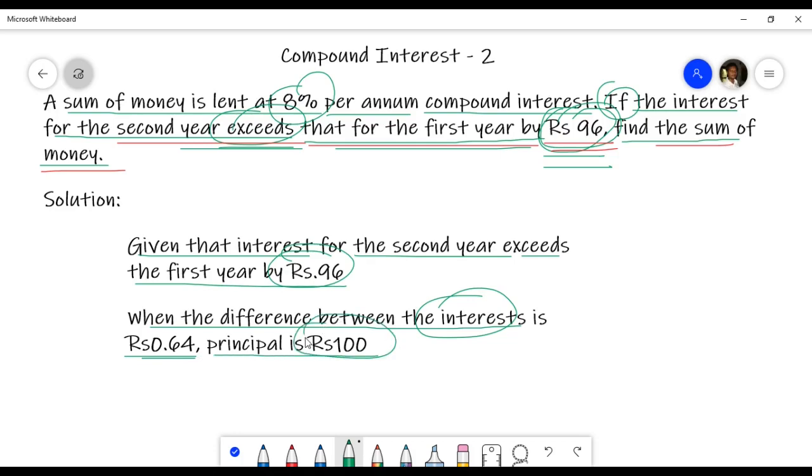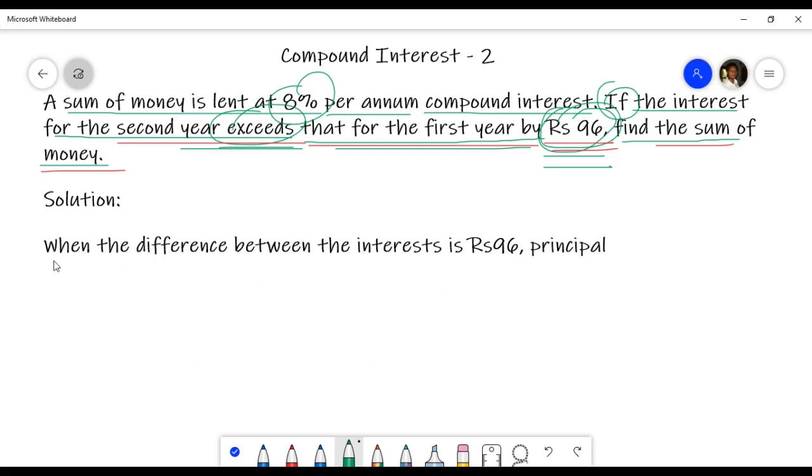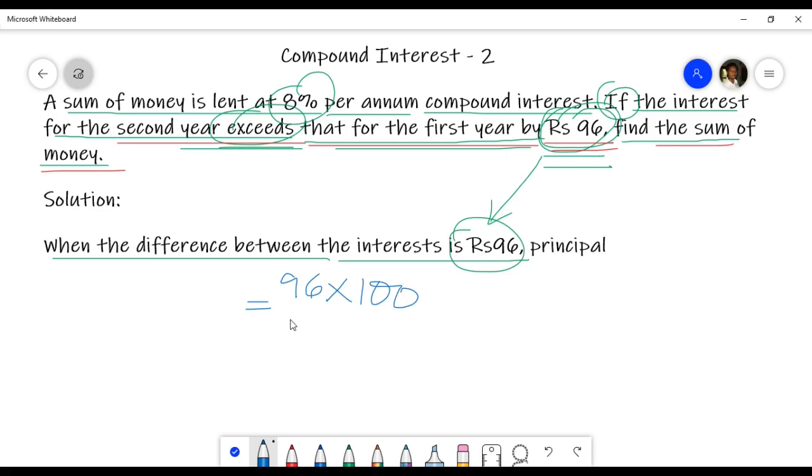When we took the principal as rupees 100. So when the difference between the interest is rupees 96, as given in the question, we have to find how much the principal was.